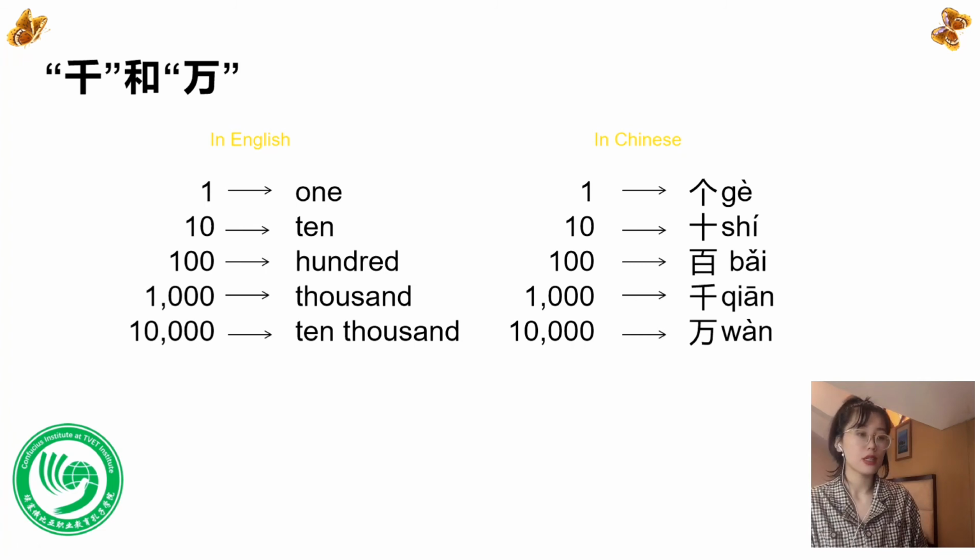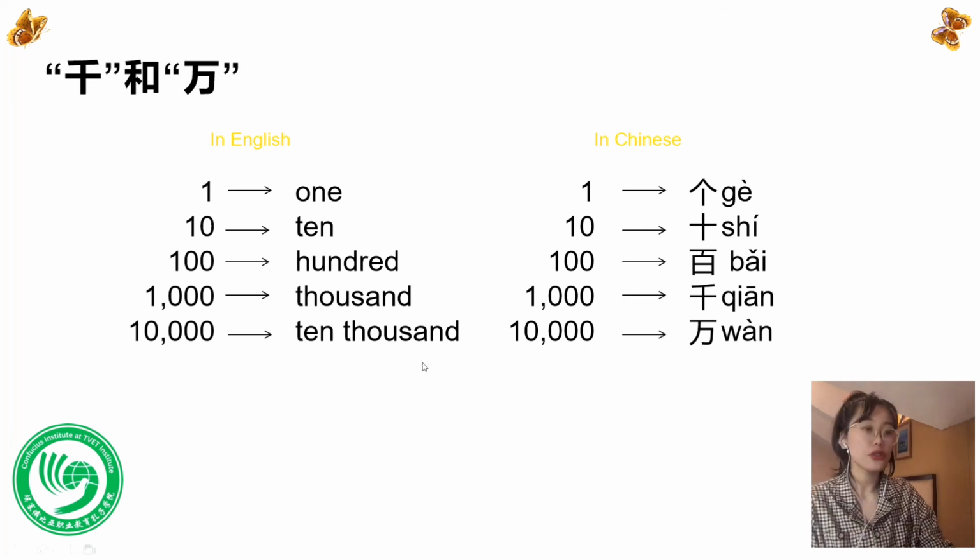Still remember that? And 100 is 百. 300 is 三百. And thousand we say 千. 3,000 is 三千.